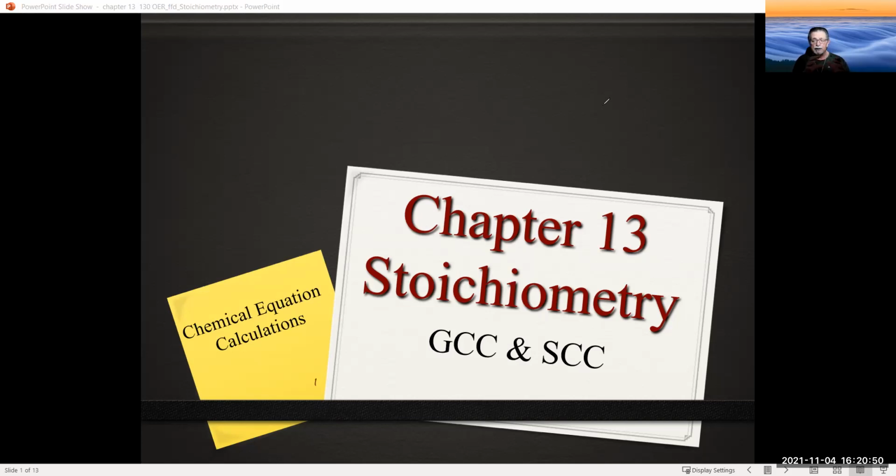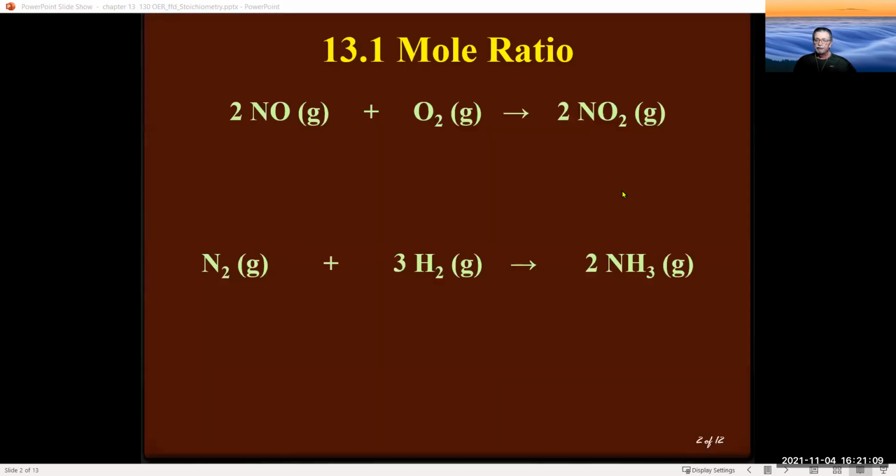We can't go from grams to grams to compare X grams of A with X grams of B, but we need a common factor, and that common factor happens to be the mole. Okay, and so we're going to expand what we've been doing with the mole into this chapter.